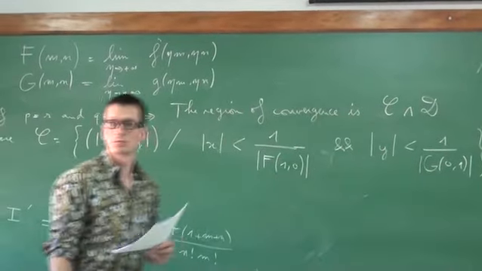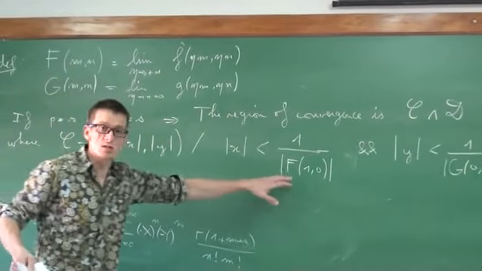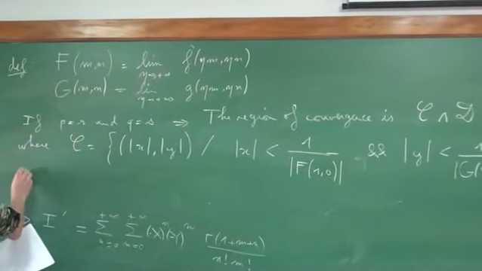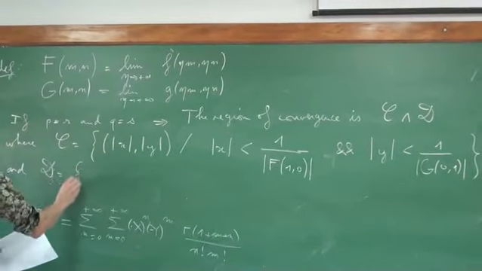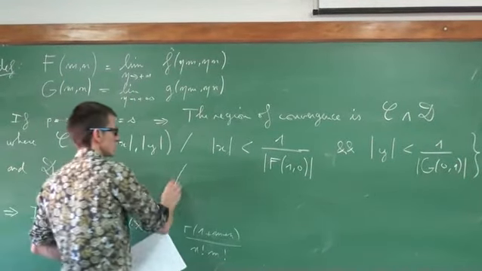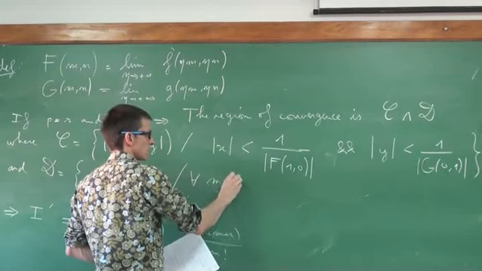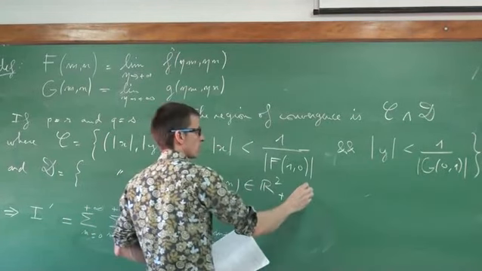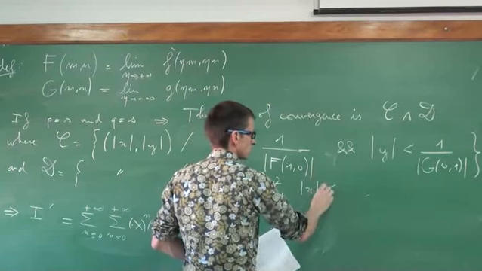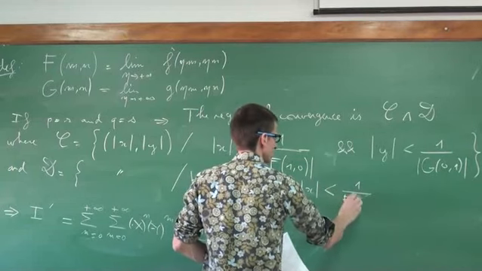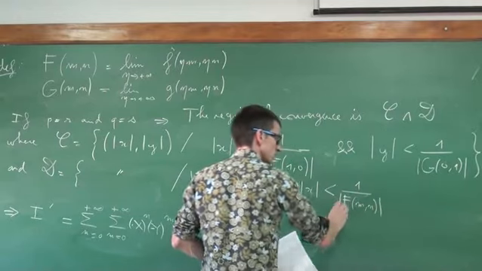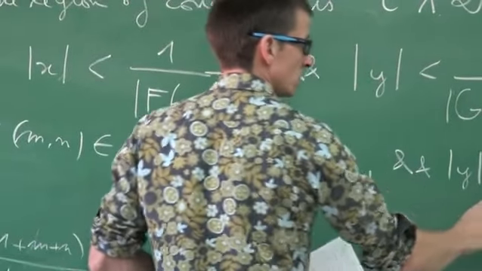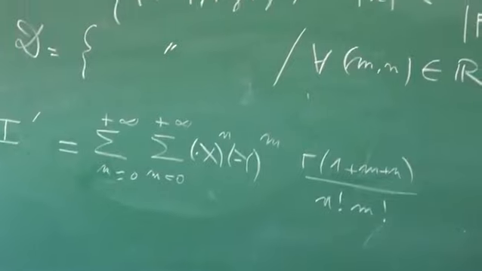This is C, which in general is easy to compute. And another which may be more involved, D, is the same, but for all m and n in R2 plus, we have x less than 1 over f(n,n) and y less than 1 over g(n,n).